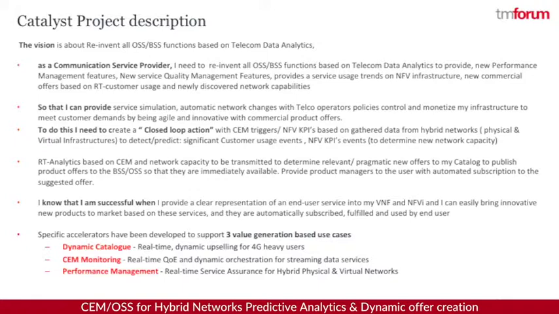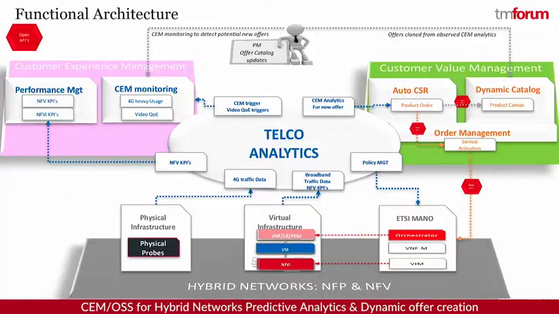So basically, what we are currently trying to answer is the question of Ooredoo, which is our champion, in terms of business requirements: how to identify the 4G mobile heavy users and understand where they are currently located. And if they are located at home, propose to them a fiber, an FTTH offer, to offload the 4G network.